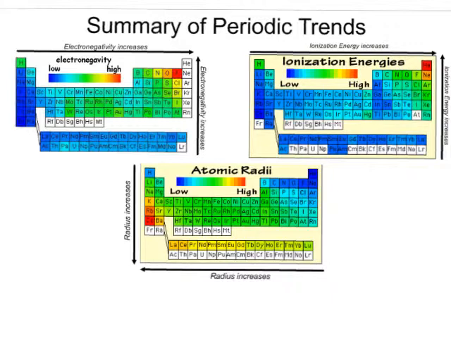So as a quick summary of the periodic trends, electronegativity, which is the ability of an atom in a molecule to attract shared electrons to itself, basically hog the electrons. Electronegativity increases going towards the right and going up, so that we have our highest electronegativity value in fluorine.